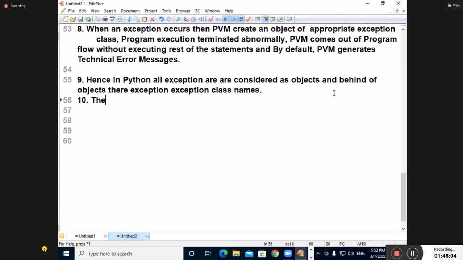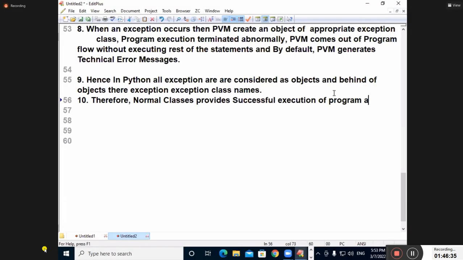Normal classes provide successful execution of the program.